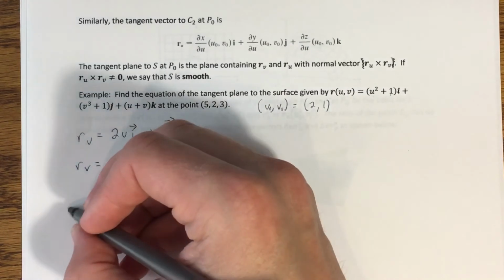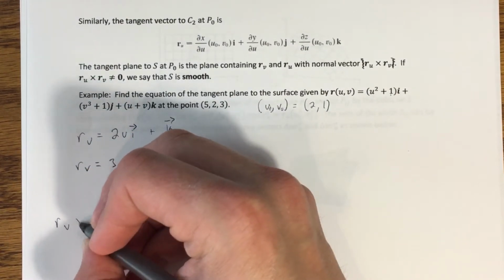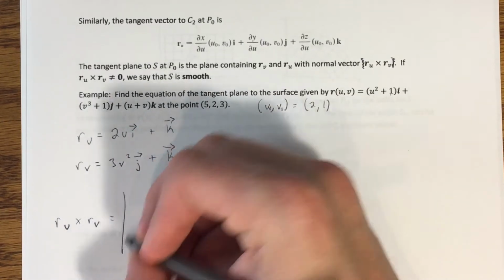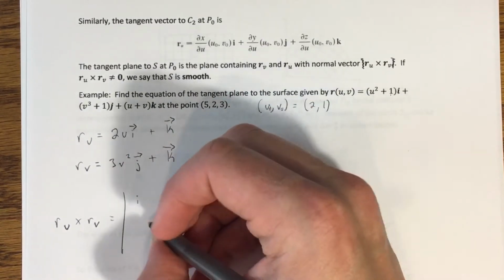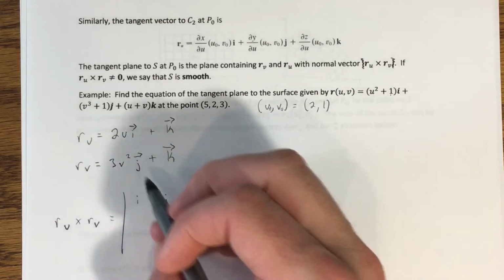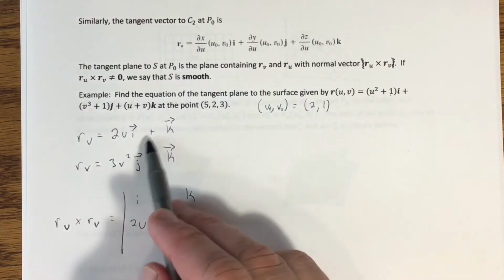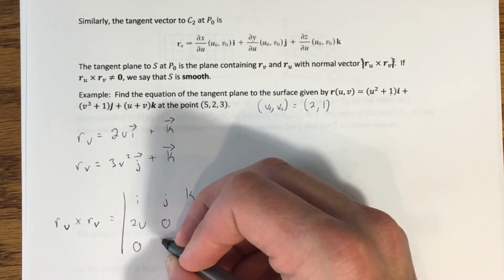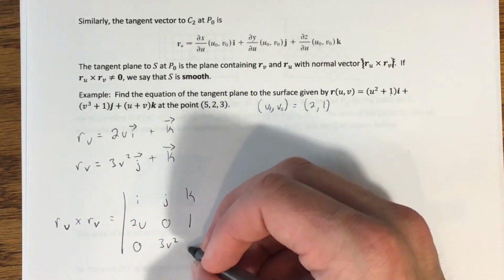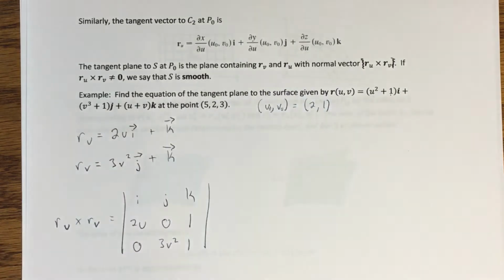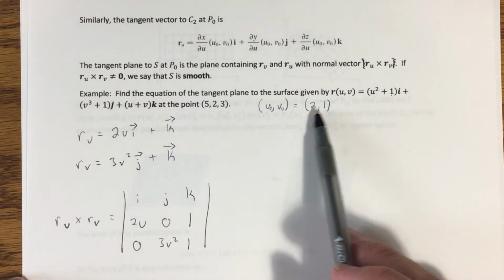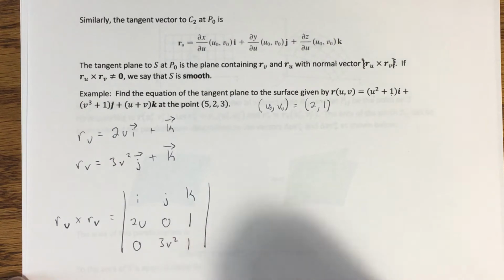So that means if I want to find the cross product of these two vectors, I use i, j, k and then my components. It's 2u, 0 is my j component here, then 1. Then I have 0, 3v squared, 1. Now you can evaluate this determinant as is, but remember we have values for u and v, so we might as well just plug them in at this point.